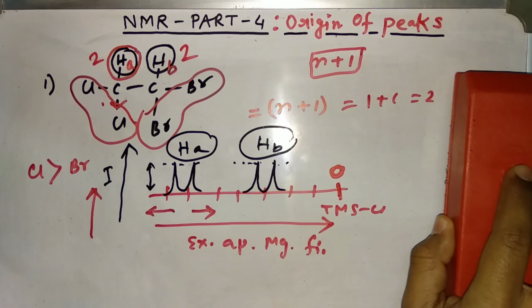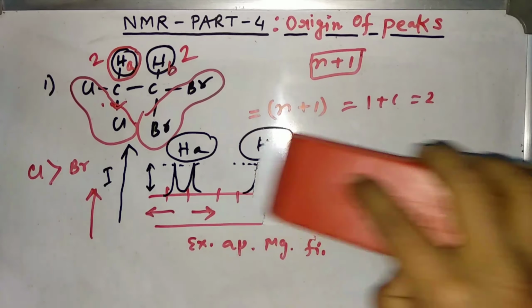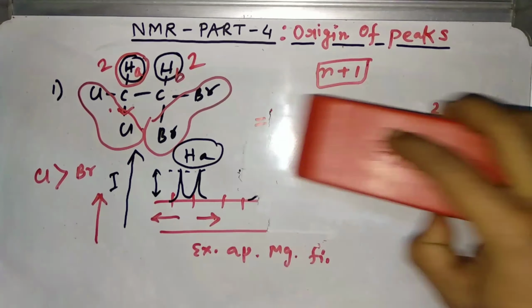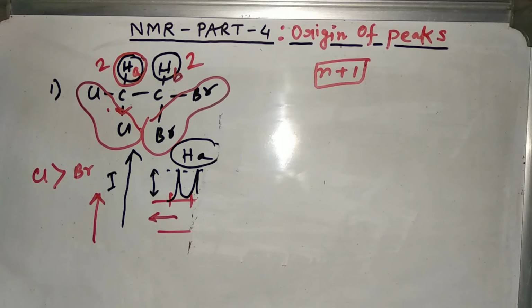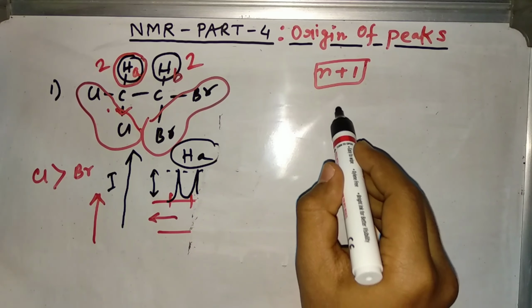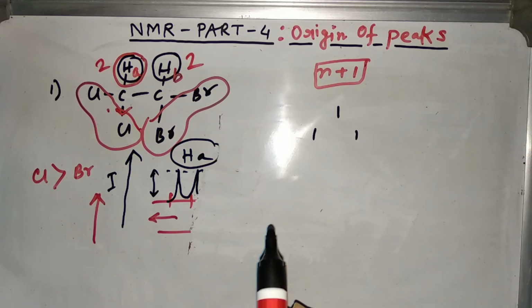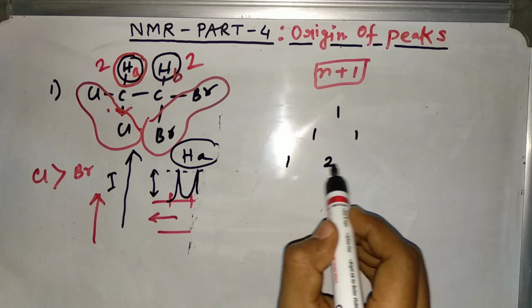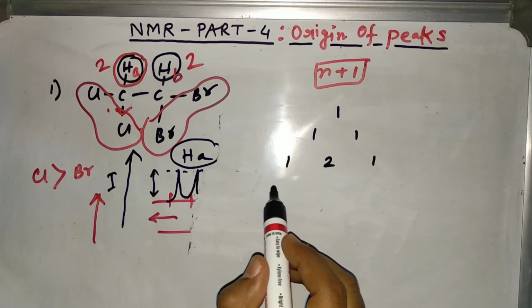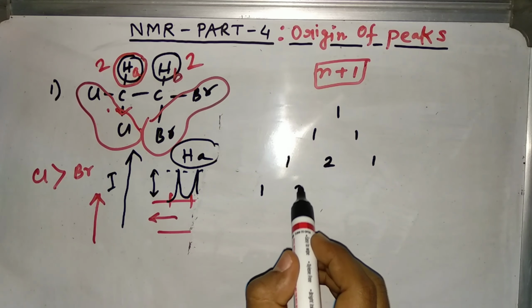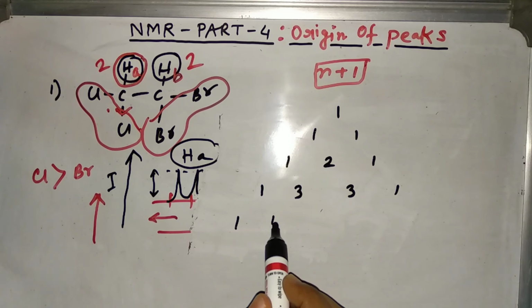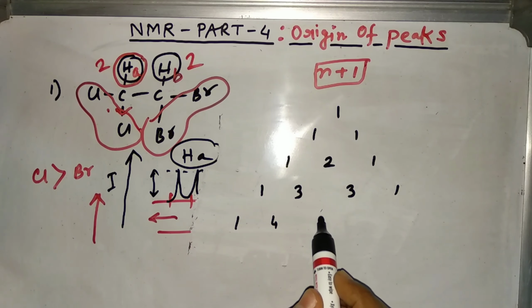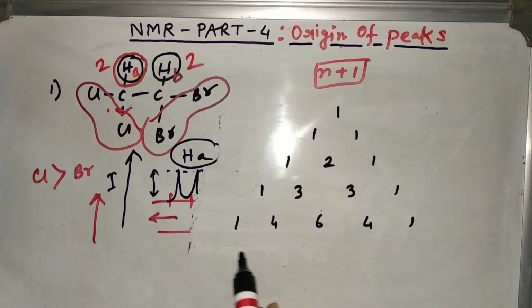You can remember the formula, but I suggest you remember the table, which will be very helpful. So here 1, then 1 1, then 1 2 1, then 1 3 3 1, then 1 4 6 4 1, and so on.